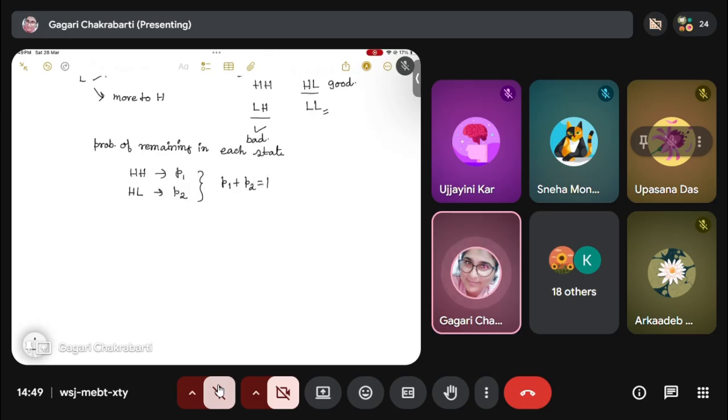So P1 plus P2 should be equal to 1. Or you have low to high, P3, or low to low, that is P4. So P3 plus P4 is equal to 1.